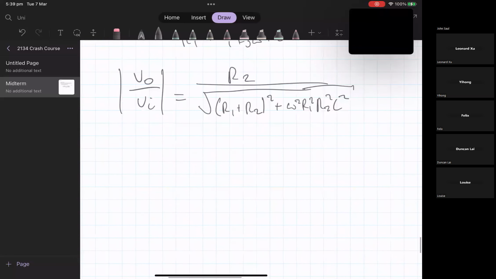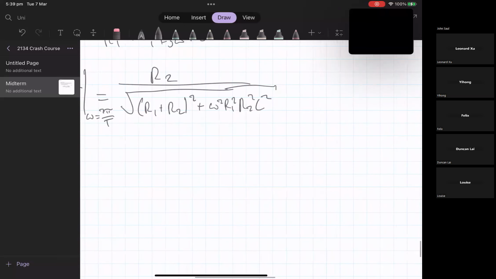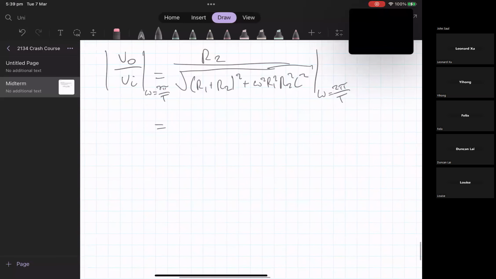And then if we solve that, maybe it's 2 pi t. Substituting omega in is simply this long and tedious equation.